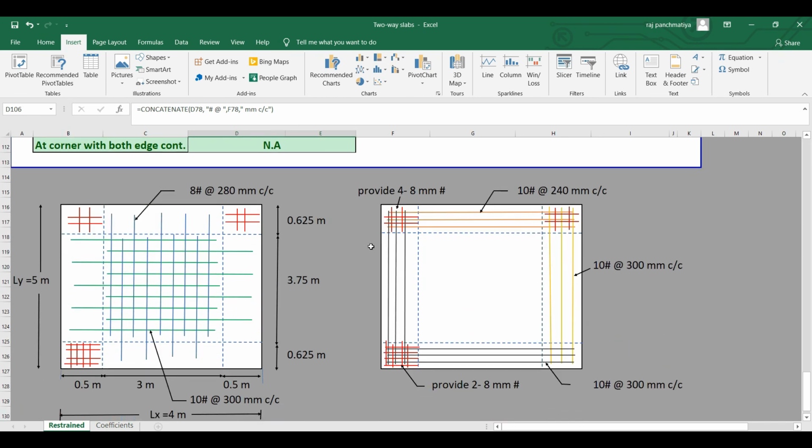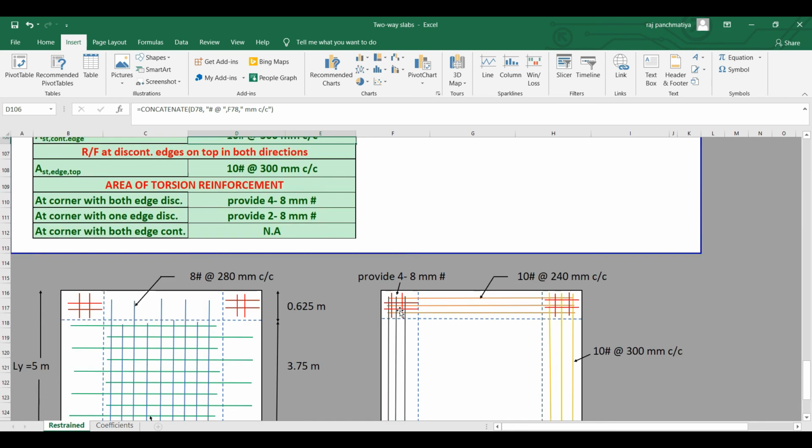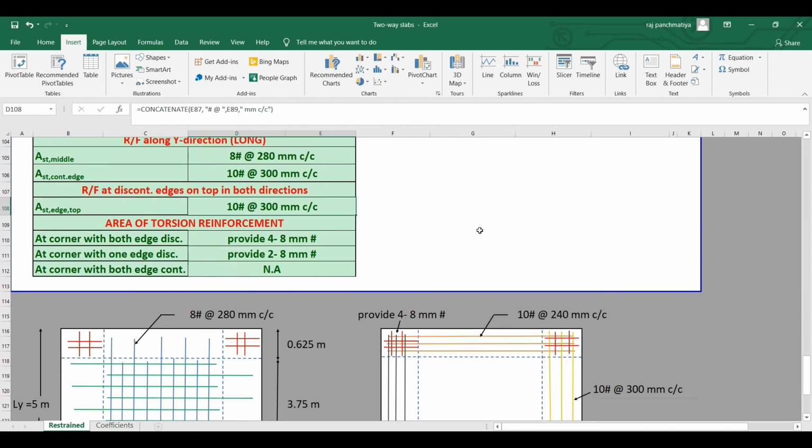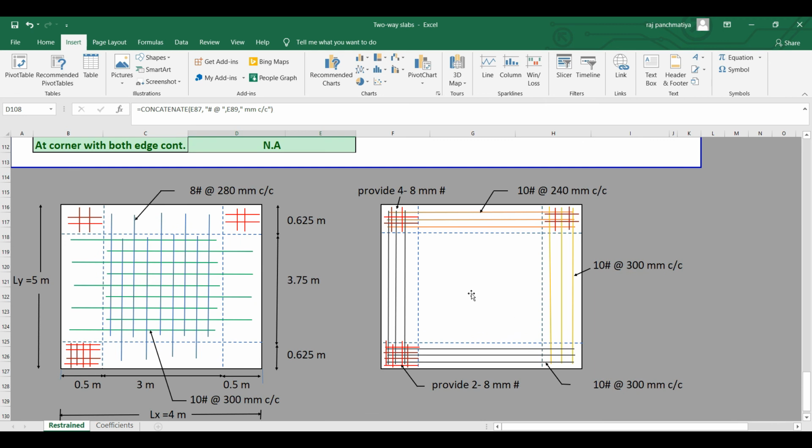And at the discontinuous edge, the code suggests to provide the minimum reinforcement. So here at the discontinuous edge we have provided 10 mm dia at 300 mm center to center in both the directions. And at the corners, we will provide the torsional reinforcement in the form of mesh.